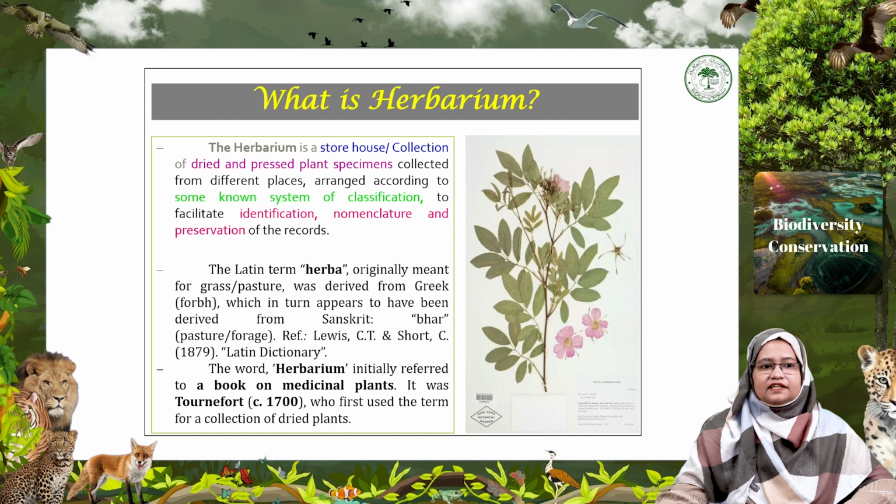As you can see here, these herbarium records are arranged according to a particular system of classification. In India, you will find most herbarium records are arranged according to the Bentham and Hooker system of classification, and most Commonwealth countries have this type of record.